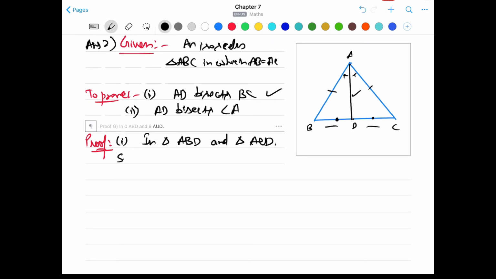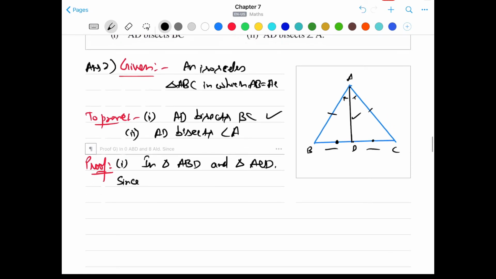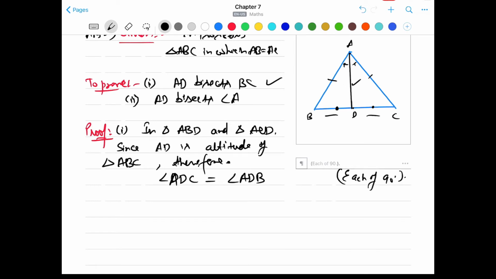In triangle ABD and triangle ACD, since AD is the altitude of triangle ABC, therefore the angle ADC will be equal to angle ADB, and each is 90 degrees.